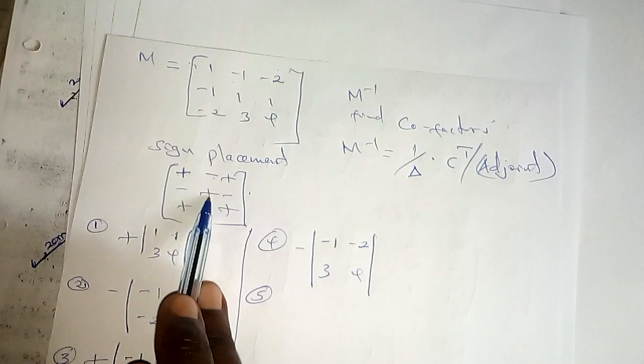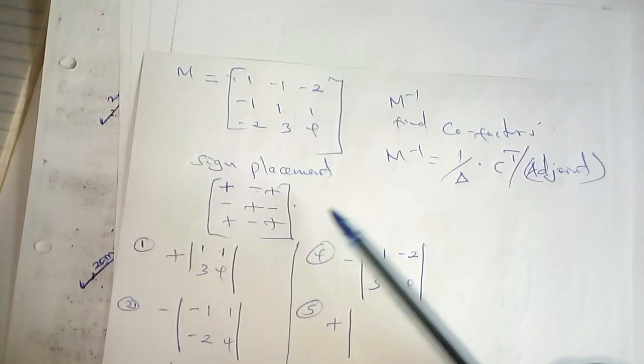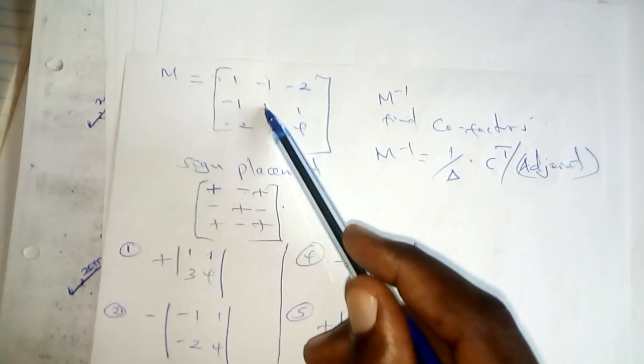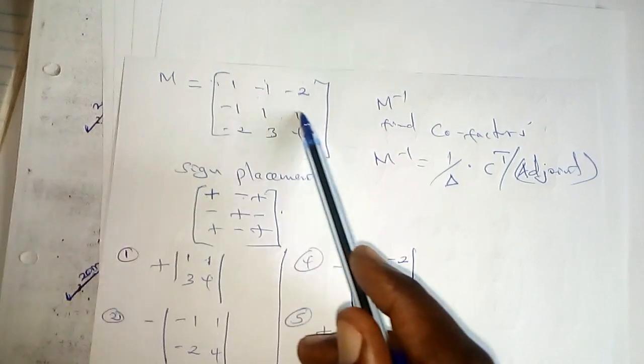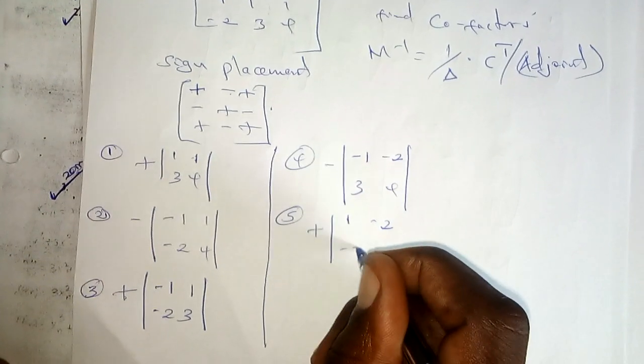Cofactor number 5 we have positive. We block this column and this row. The remaining components are 1, negative 2, negative 2, 4.